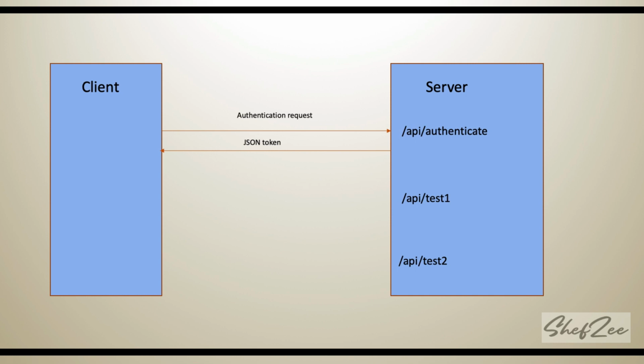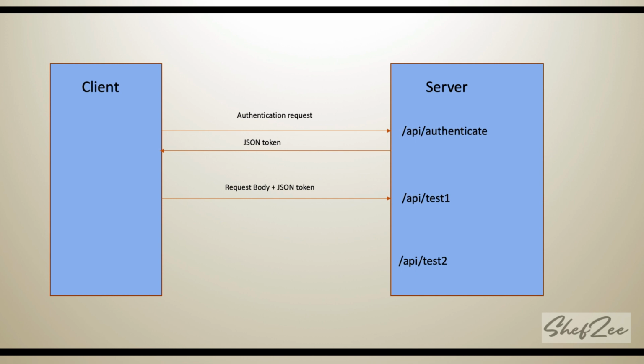Obviously it will have various details like the name, username and expiration date, and we'll see that later. Now again, if the client wants to access, let's say, another endpoint, say test1, and I assume it is a post request, the client will just send the request body and the JSON token.